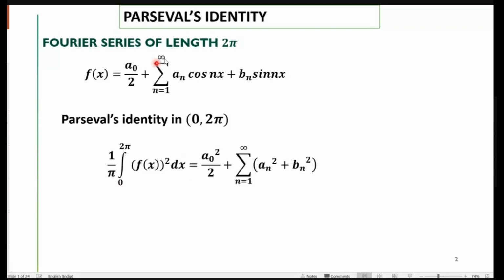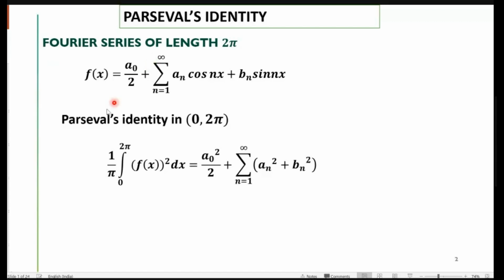So what is the integral from 0 to 2 pi of f of x dx in terms of a0? Normally a0 is 1 by pi integral 0 to 2 pi f of x dx, so I can write integral f of x dx is equal to a0 pi.